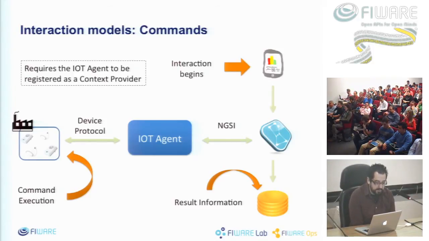The only difference is that when the IoT agent receives the forwarded query, it instantly returns the acknowledgement of that request and creates a new attribute in the device entity in the context broker in order to reflect the current state and the results, if any, of the execution of the command. This information is stored locally in the database of the context broker.